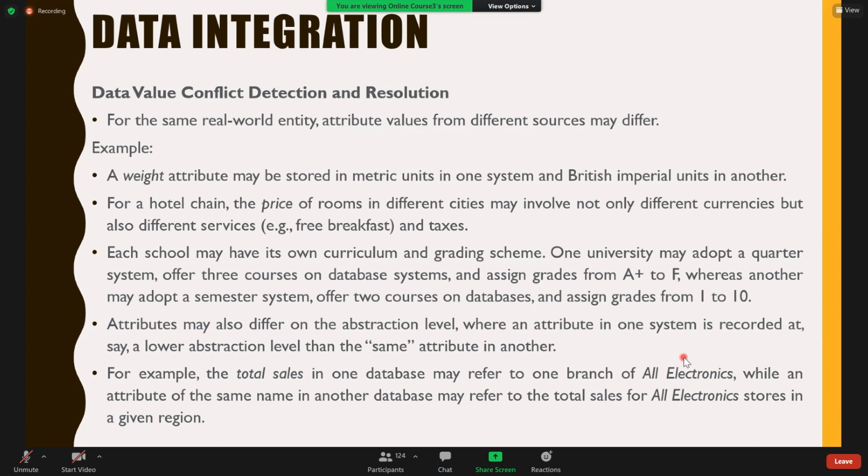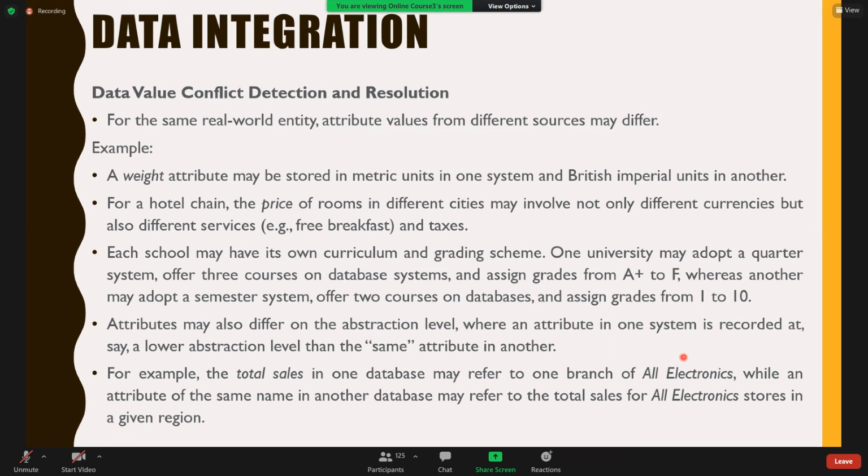Here, one attribute may be recorded at a lower abstraction level, whereas the same attribute will be recorded at some other abstraction level in another data store. For example, consider the total sales attribute. In one data source they may be storing the total sales of one branch, whereas in another database the same attribute, total sales, may refer to the total sales of the region.